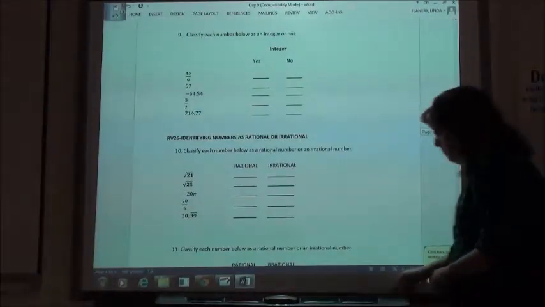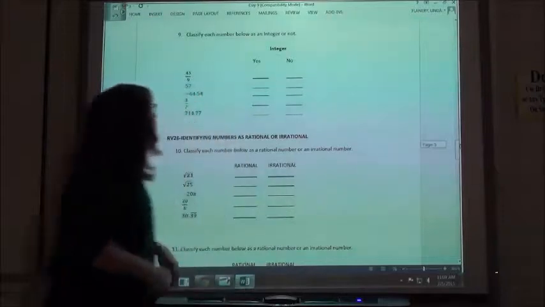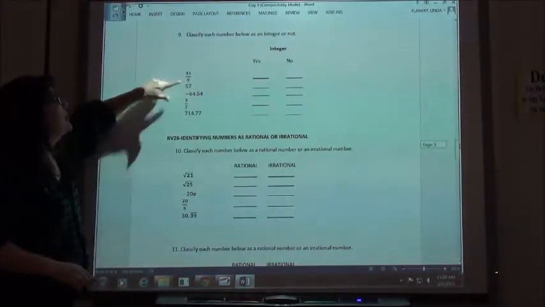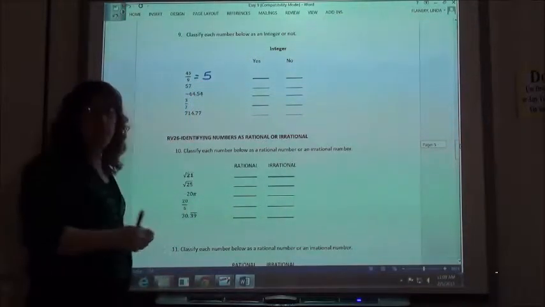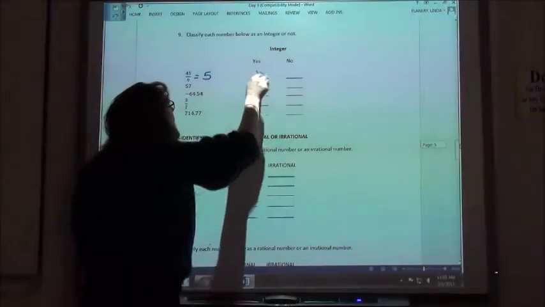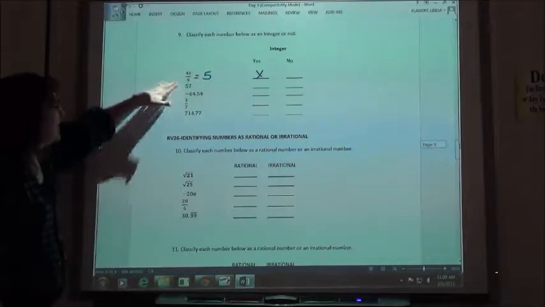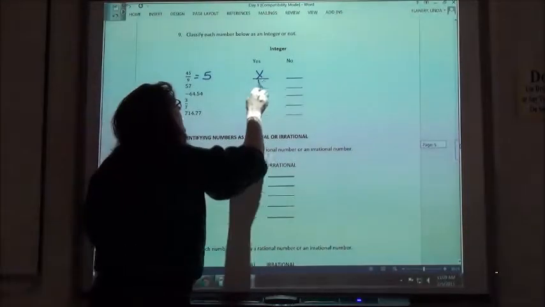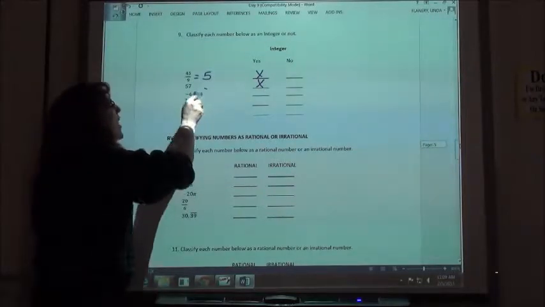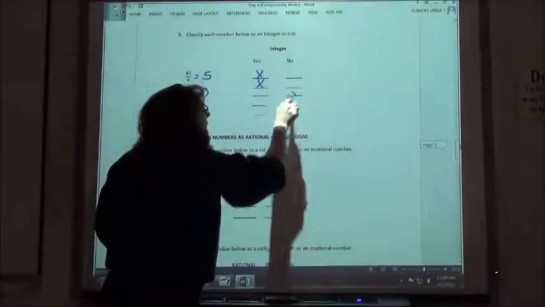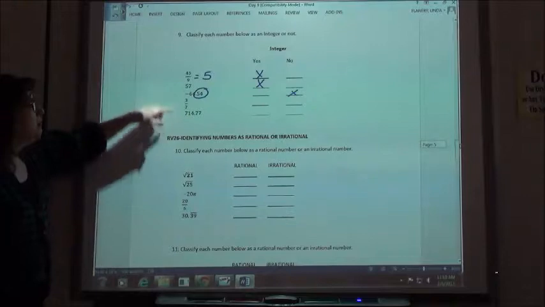Number 9. 45/9. 9 does divide into 45 5 times, nice and evenly. Yes, that is an integer. 57, nice whole number. It is an integer. Negative 64.54 has that decimal on the end, not going to be an integer. 3/7.